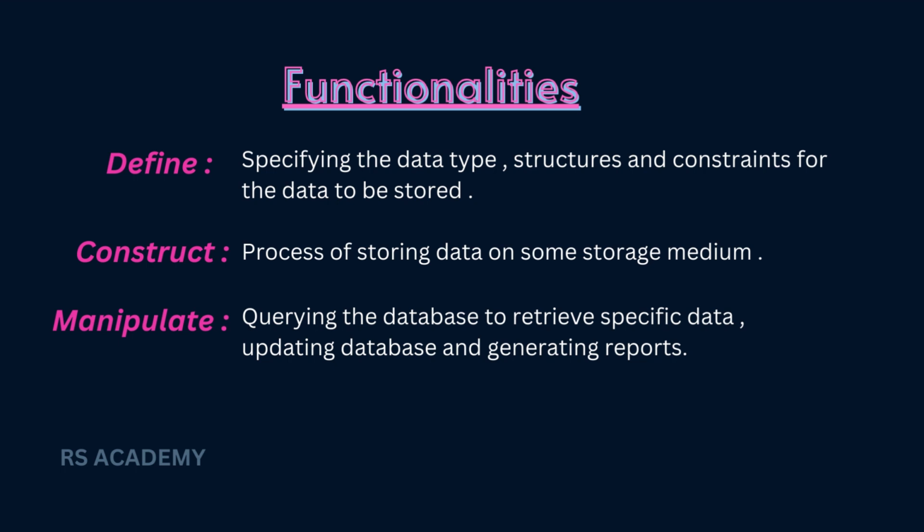So these are the main functionalities that DBMS provides. The other functions provided by DBMS are protection of the database from unauthorized access or from hardware or software failures, and also maintenance of the database for a long period of time. So that is all about the functionalities of database management system.